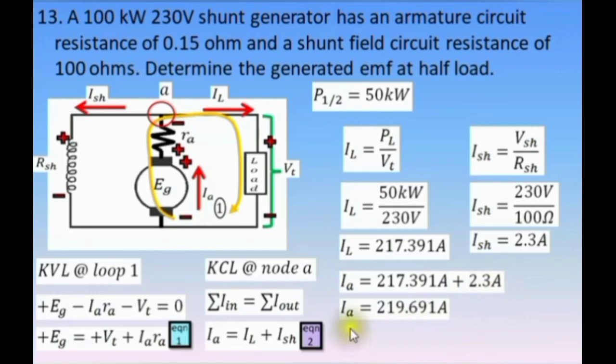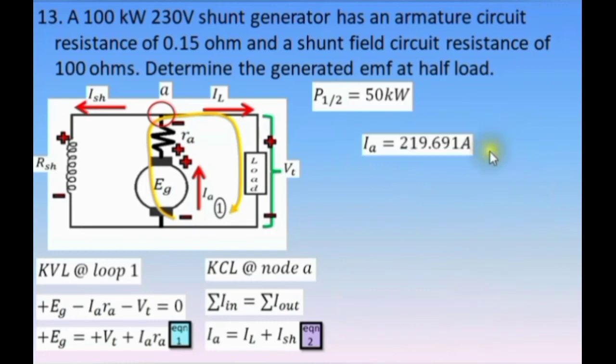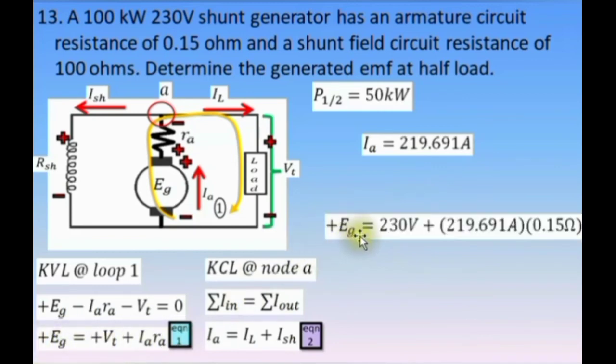We have armature current equals 219.691 amperes. Using this value, substitute it to equation number 1. The generated EMF equals 230 volts plus 219.691 amperes times 0.15 ohm. EG equals 262.954 volts.